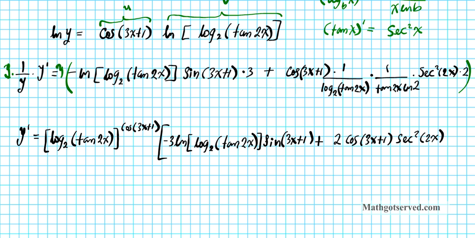And then that divided by the denominator, which is log base 2 of tan 2x times tan 2x multiplied by the natural logarithm of 2. All right, so there goes your final answer for question number 4. Okay, so there you have it.